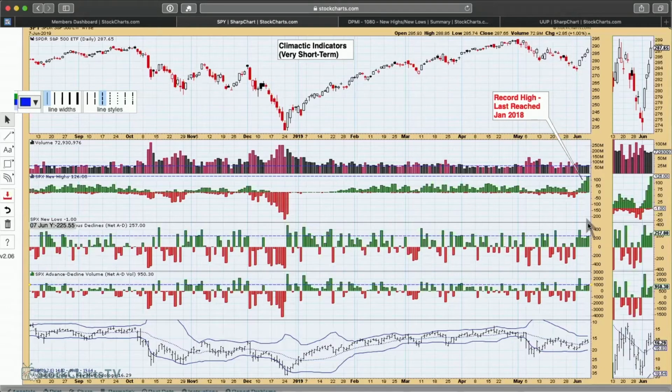We're not seeing that same kind of climactic move. And we've got a VIX that hasn't even reached the upper Bollinger Band. So there is the possibility that we're going to continue on this path to the upside. But boy, when I see these stretched out readings, it gives me concern.